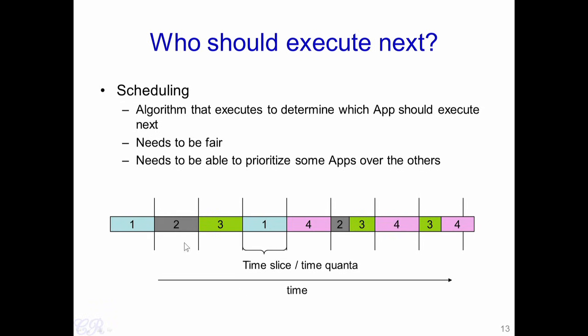Now, since this application is of a higher priority, therefore, the operating system should ensure that this application 2 should be given more CPU time to execute, as well as this application should not be waiting too long before it gets the CPU time.